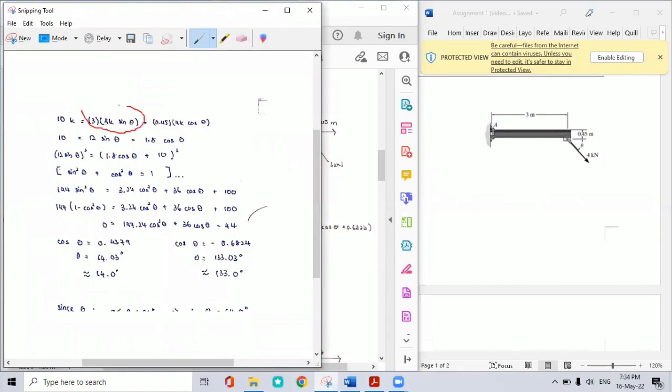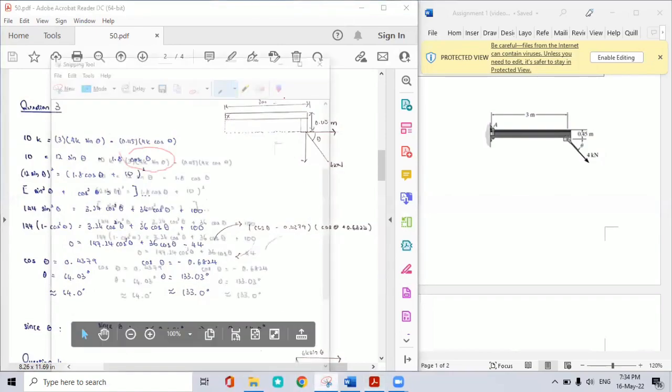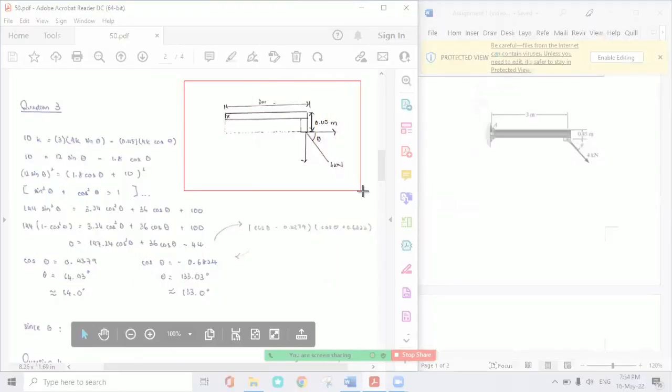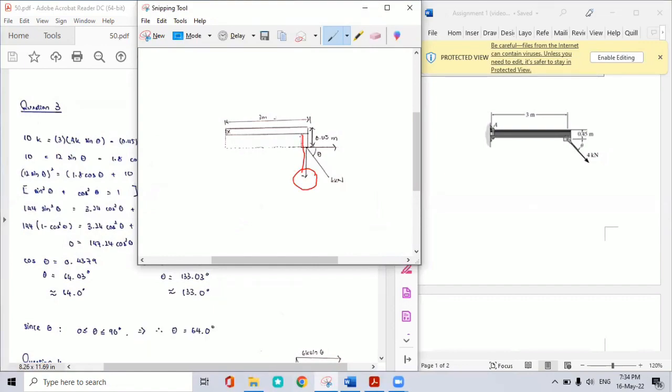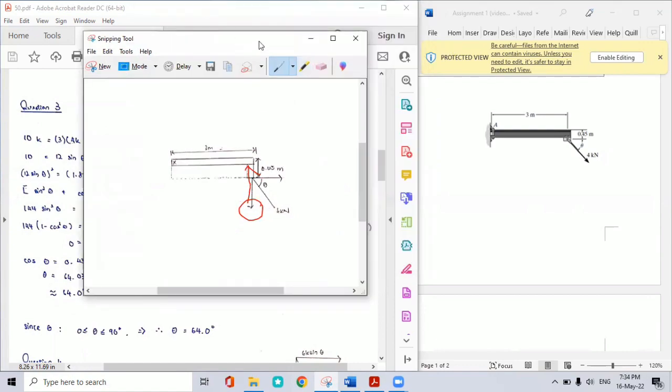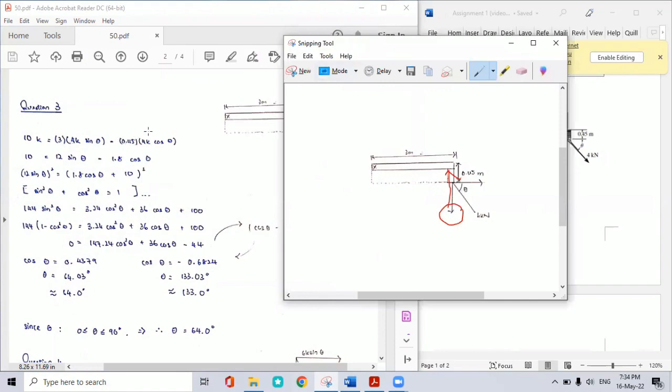This 3 multiplied by 4k sine theta is equal to the force resolved to here having a moment right here. And 0.45 multiplied by 4k cos theta means the force right here is acting perpendicular at this direction, and it's perpendicular to this axis.